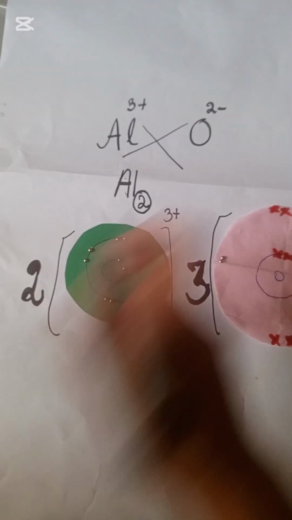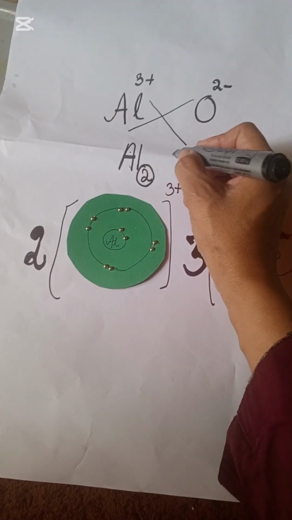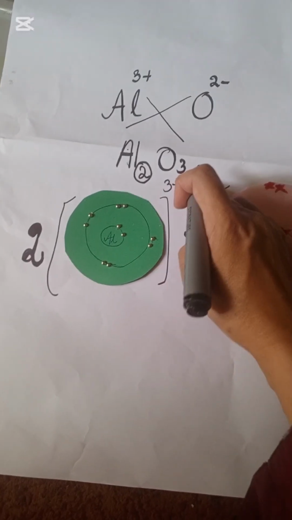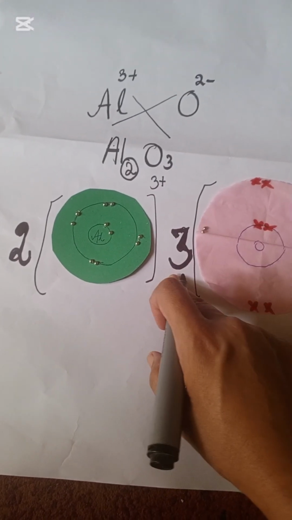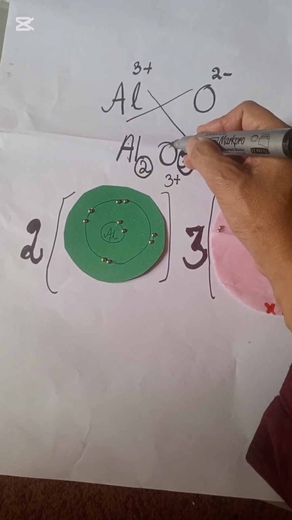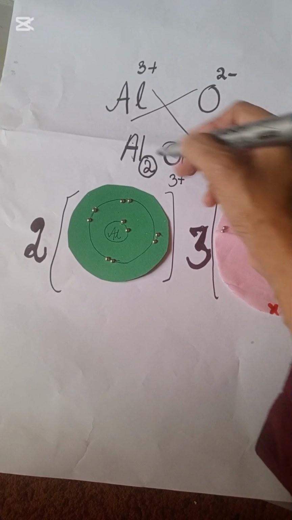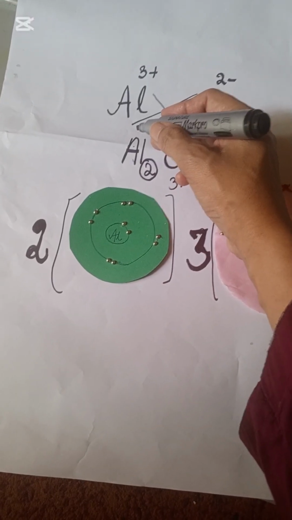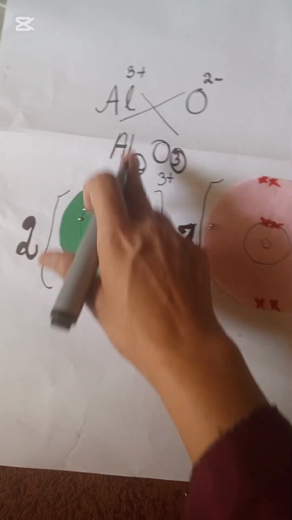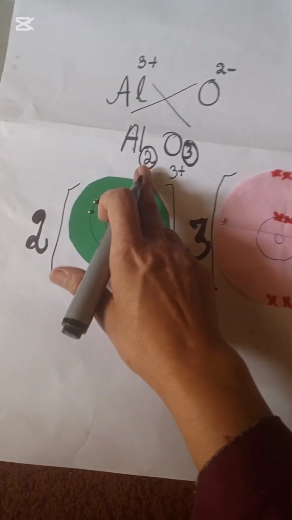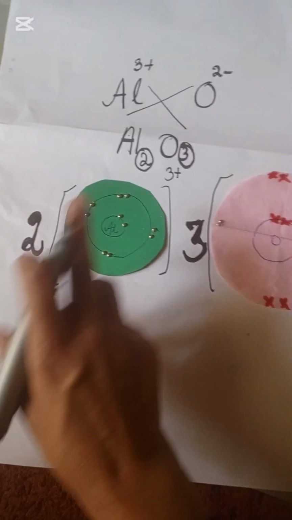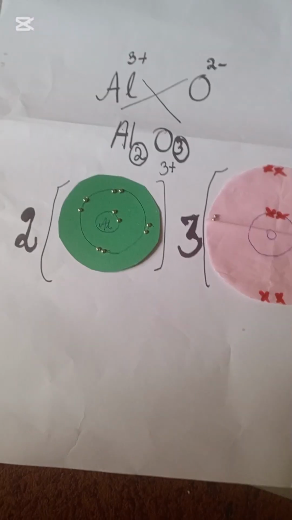We take 2 aluminum ions, and Al2O3 means we have to take 3 oxide ions. So this 3 indicates the number of ions, and this 3 also indicates the charge of the neighboring ion. In a similar way, this 2 indicates the number of ions and the charge of the neighboring ion.